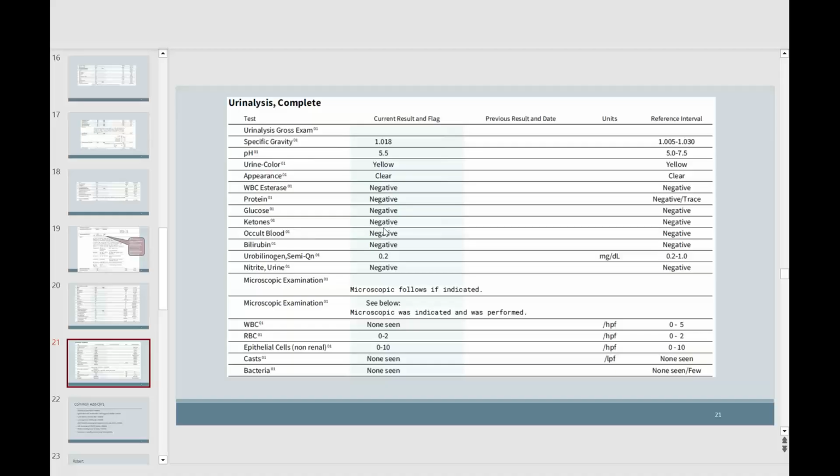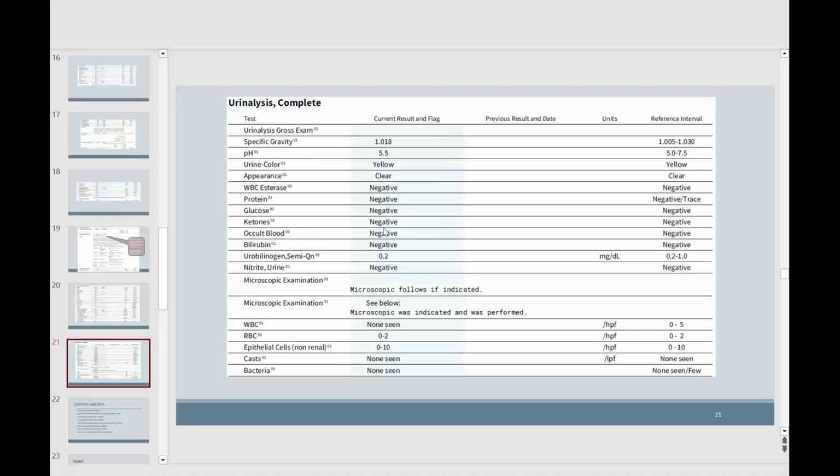But I do a microscopic because a fair number of women, a few men, have chronic dysbiosis in the urinary tract as well. It's not bad enough to create an infection, but I want to see, are there white blood cells? Are there casts? Because that can tell you if they're forming kidney stones.